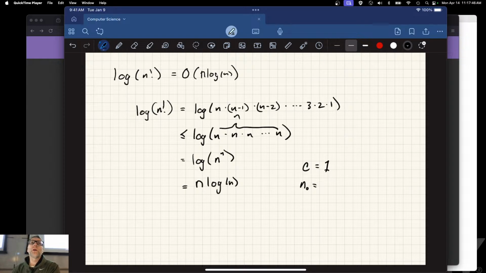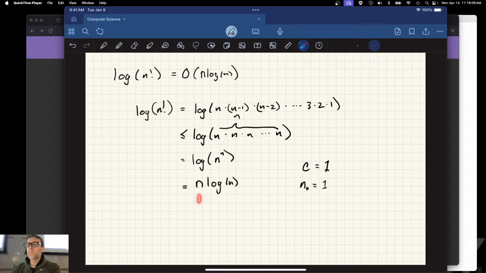Is this well defined for 0? Nope. Is it well defined for 1? Yes. Actually, 1, 0, yeah, that's fine. I was just thinking over here. If you put in 1 over here, what's 1 factorial? It's 1. So what's log of 1? 0.